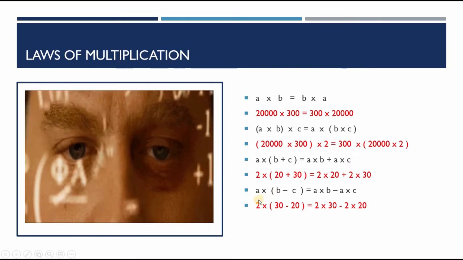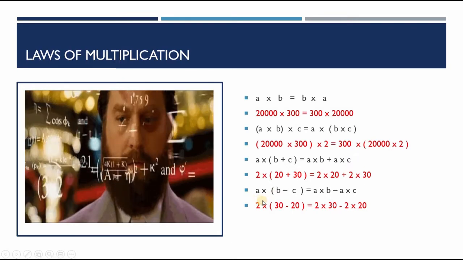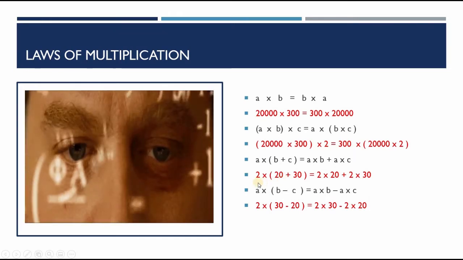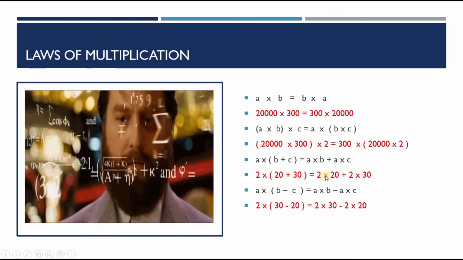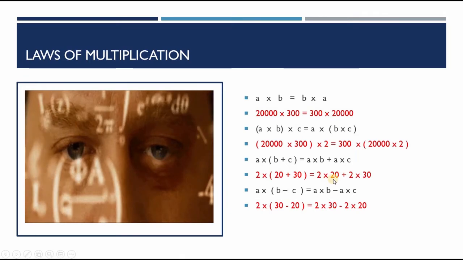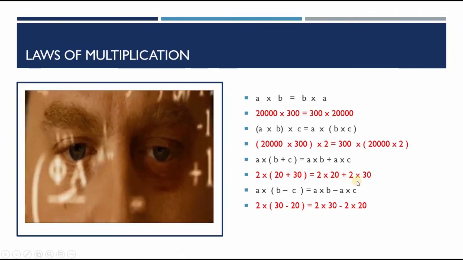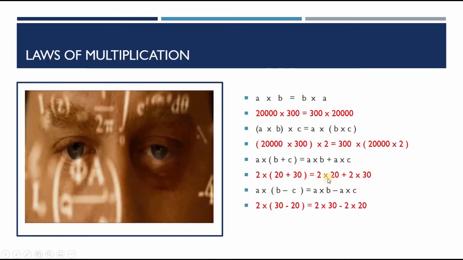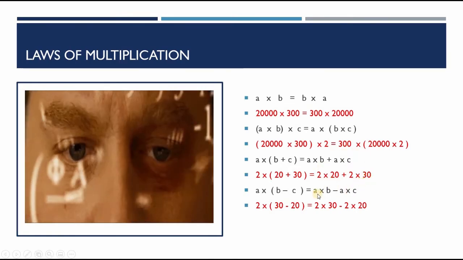If you can see, 20 plus 30 is equal to 50. 2 multiplied by 50 is equal to 100. And 2 multiplied by 20 is 40, plus 2 multiplied by 30 is 60. 60 plus 40 is also equal to 100.